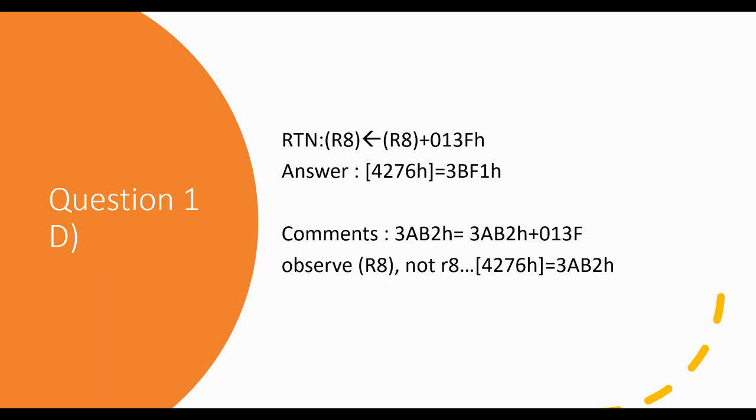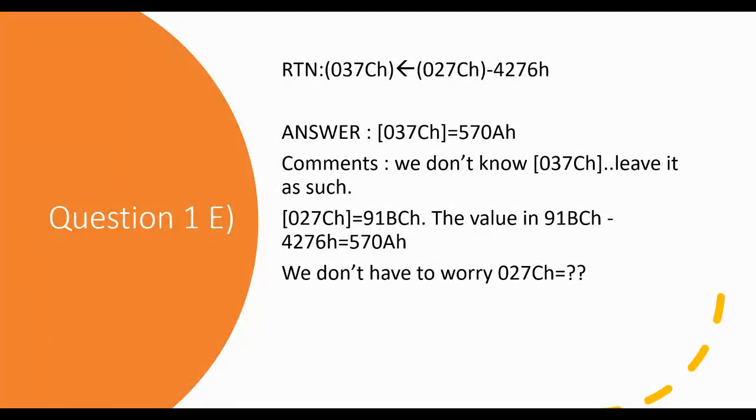You use a value, plus with whatever is in this content. So 3AB2 plus 013F, you will get 3BF1. So you should not get confused after you've done the first 3 questions. So it's fairly easy.